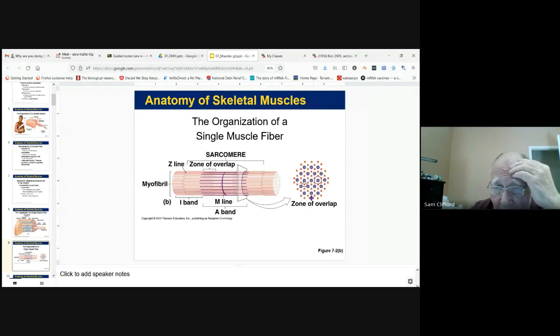So you can see that if you take a cross section, the myosin thick filaments are surrounded by thin filaments. So a sarcomere is from Z line to Z line, and there's an A band and an I band. I band is only composed of actin.